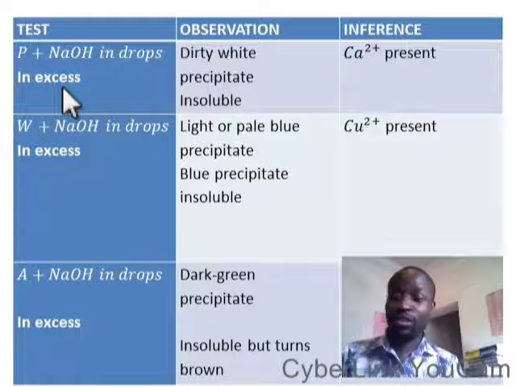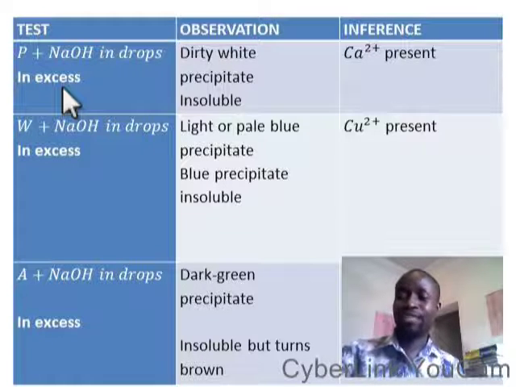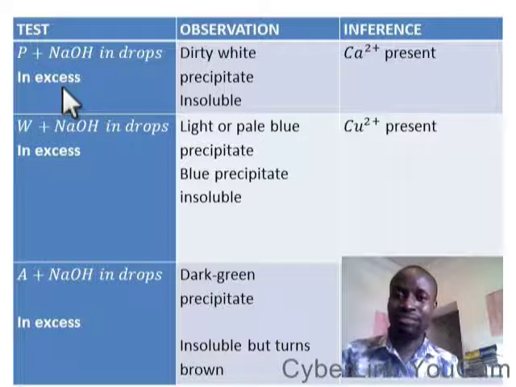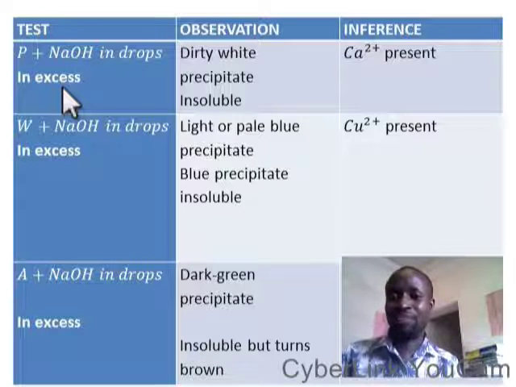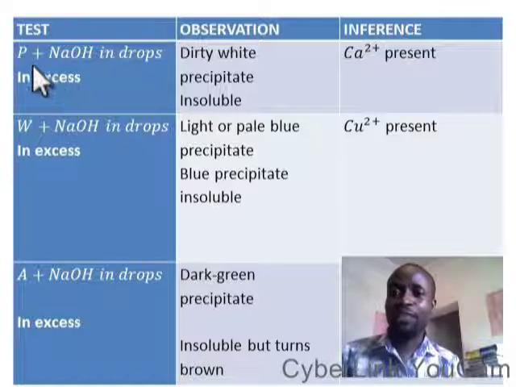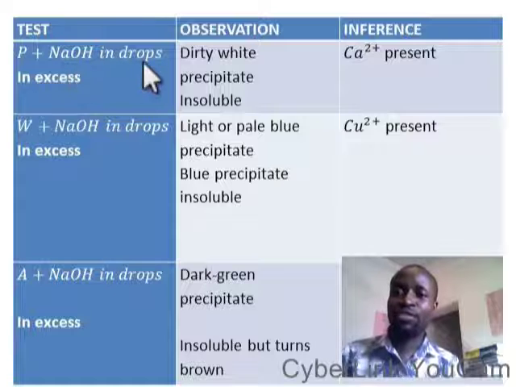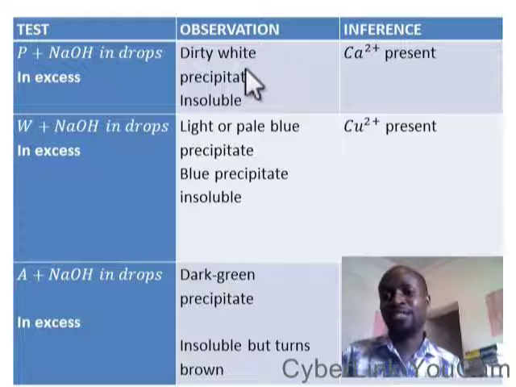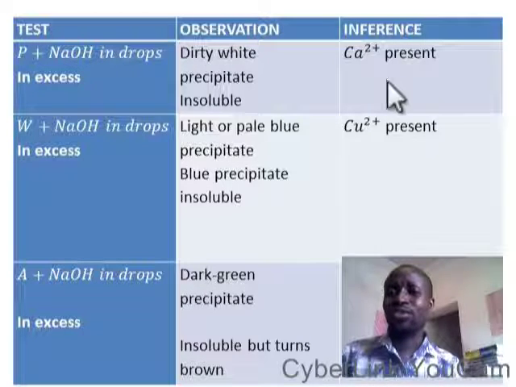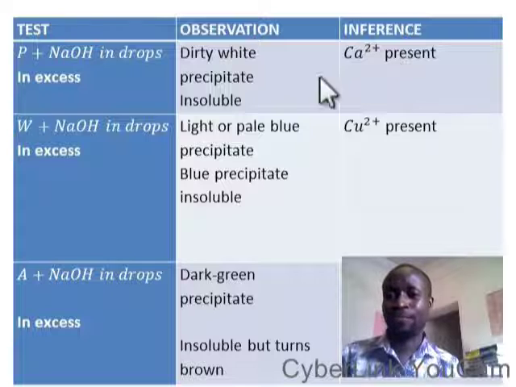So if I just give you a sample and say, test for me what are the elements in this sample, and I say the elements are chemical elements, you could do some of these tests. P plus sodium hydroxide in drops. You have dirty white precipitate. As soon as you hear or see dirty white, you are talking about calcium ion.